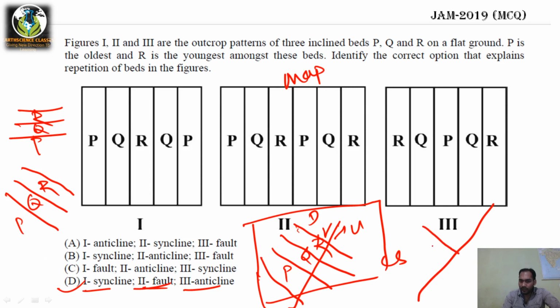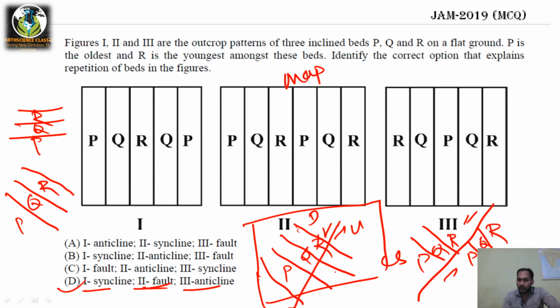Just like this is R, then Q, then P, and here you are getting P, Q, R. What happened? This block moved down and this block moved up.